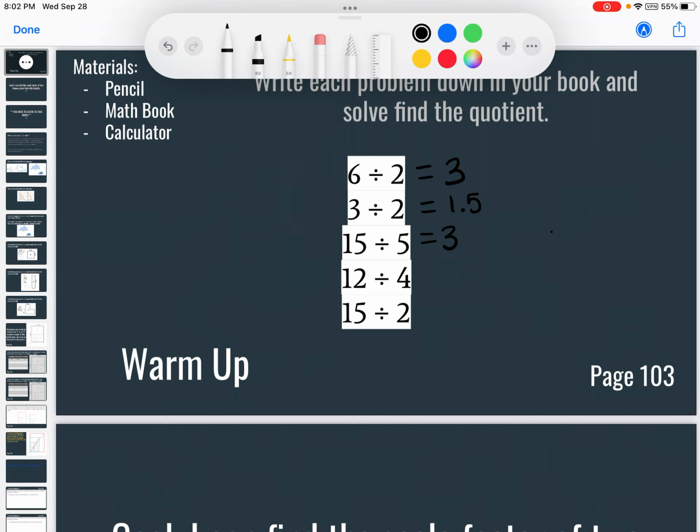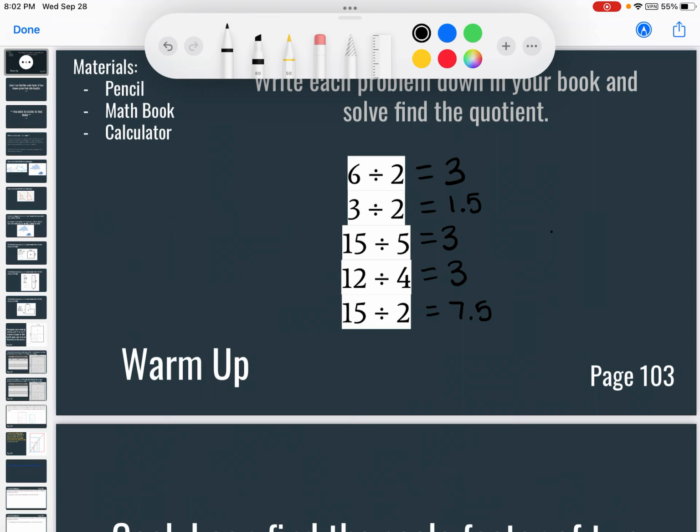Next one is 12 divided by 4, which is also 3. And the last one is 15 divided by 2. Might be a little harder to do without a calculator, but again, hopefully you were able to do that if you needed to. And that comes out to 7.5.